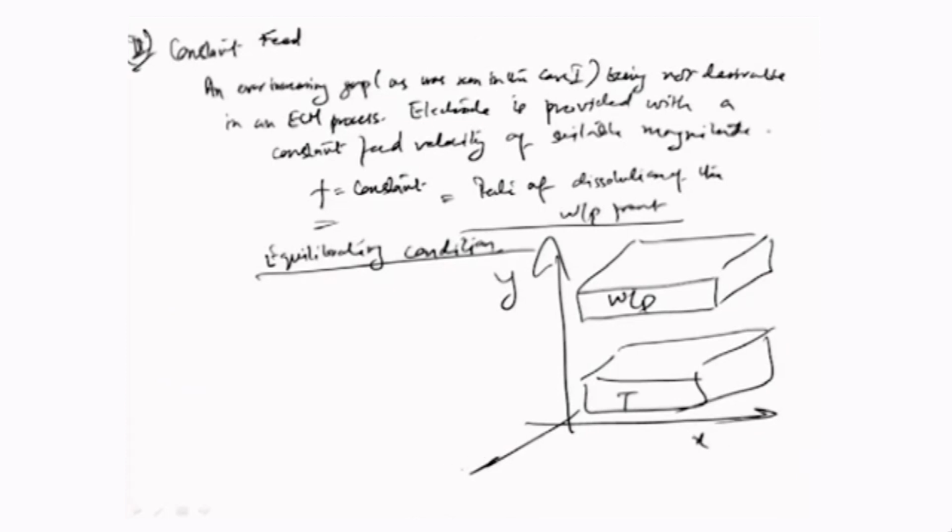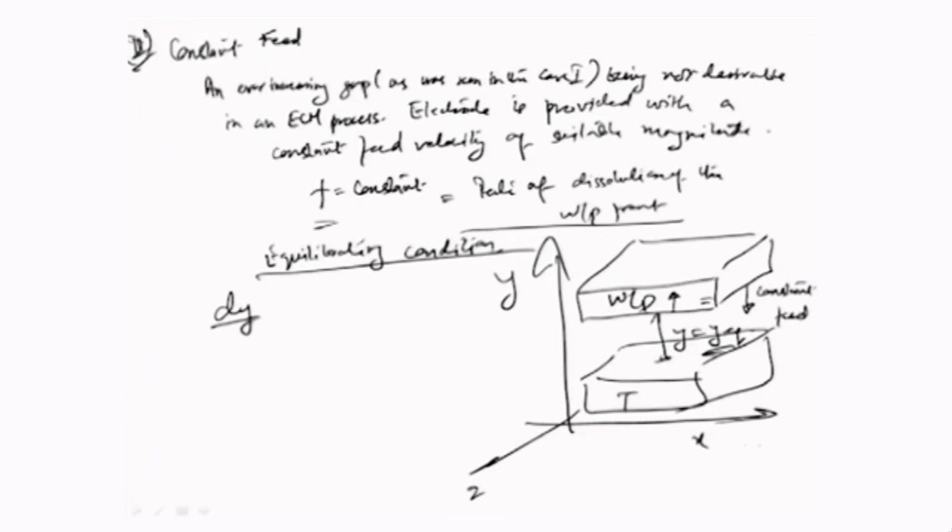The workpiece starts moving towards the tool at a constant feed. In the equilibrating condition, the amount of dissolution leading the workpiece surface away from the tool surface is exactly equal to the amount of feed of the workpiece surface. So, in that case, the gap y is maintained as a constant equilibrium gap YEQ.